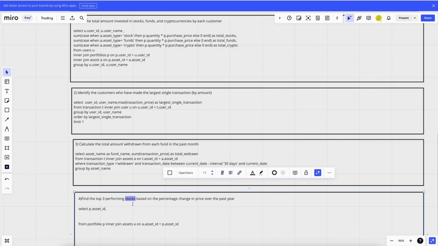So they just want asset type equal to stock, or they want stocks and also crypto. We need to get some clarification on that. Here I'll assume it's just stocks. So we put the inner join on the asset ID, and the condition will be where asset type is equal to stock. So now we are clear on this part.